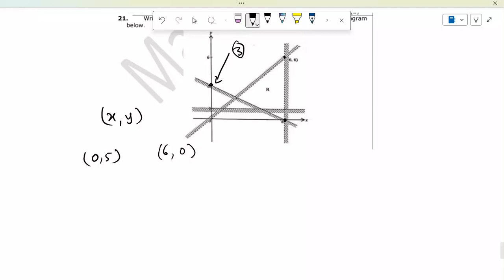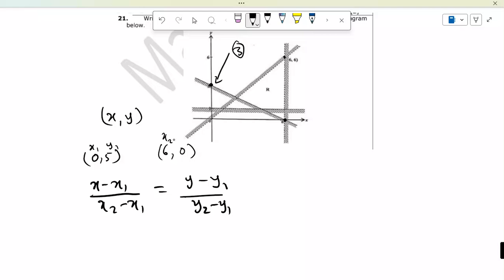So now we have the 2 points. We write our equation: x minus x1 over x2 minus x1 equal to y minus y1 over y2 minus y1. So this is our x1, this is our y1, this is our x2, this is our y2.